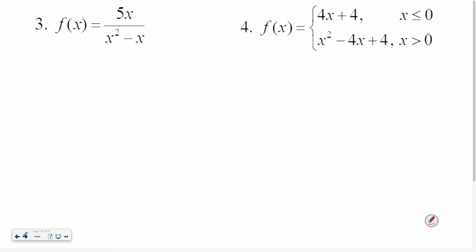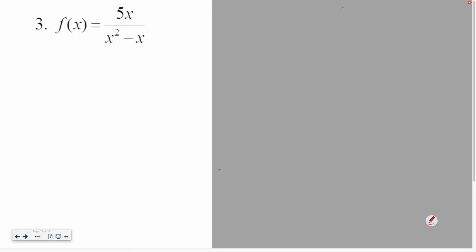Write this function down. Number 3. What would be a good first step? Okay. I think it would be a good idea if you have a rational function to factor if you can.